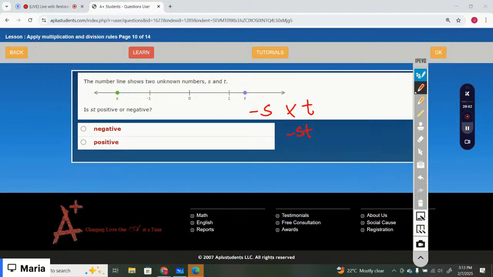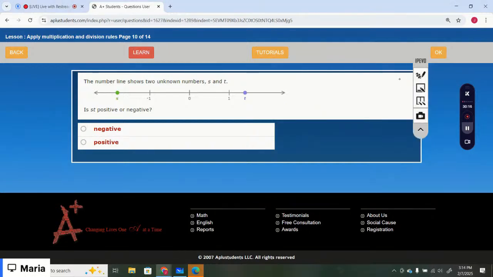So that is negative ST. Option number 1 is the correct option.